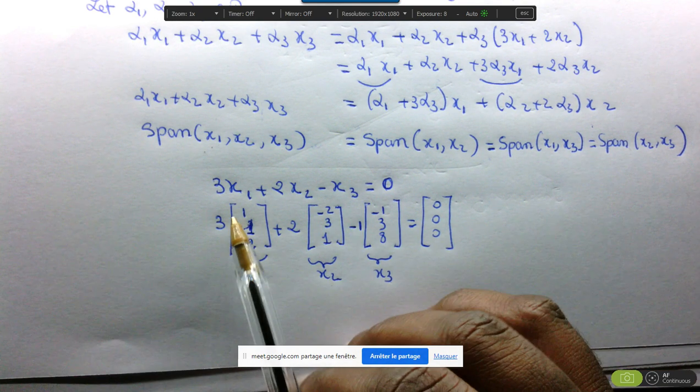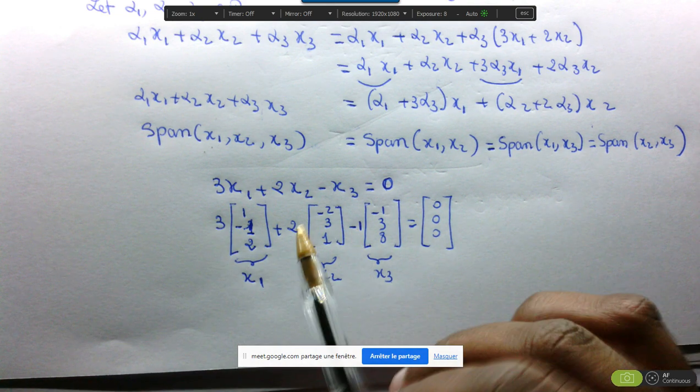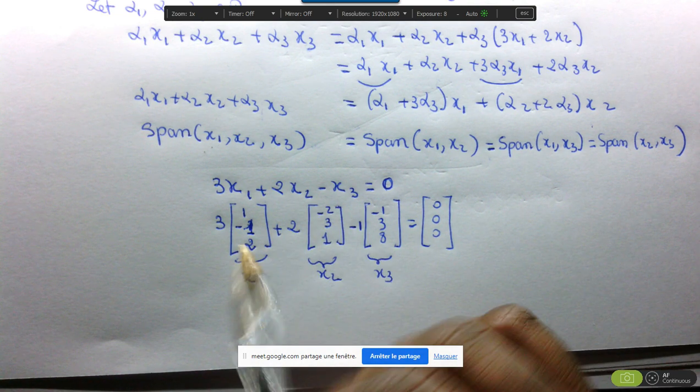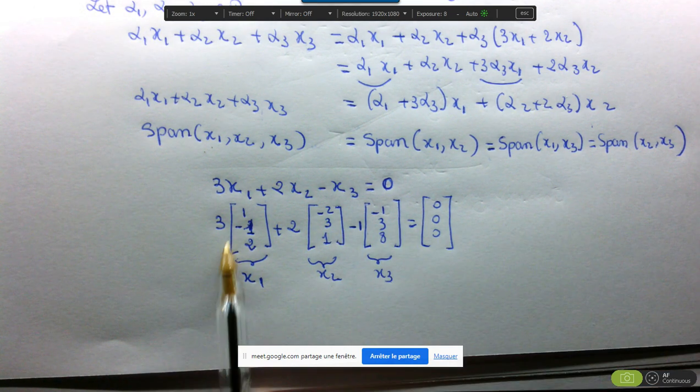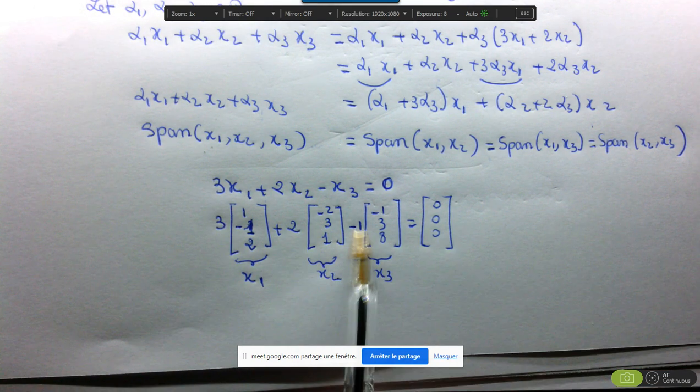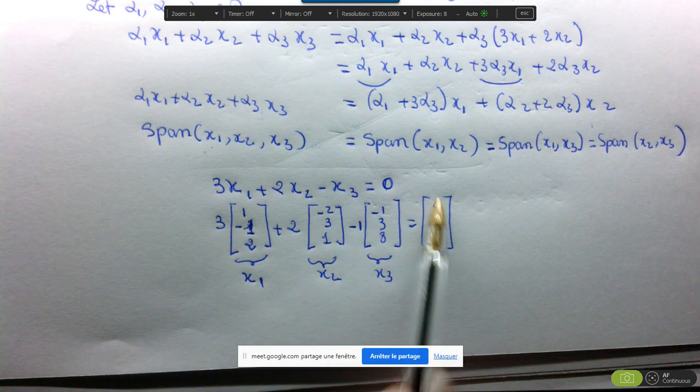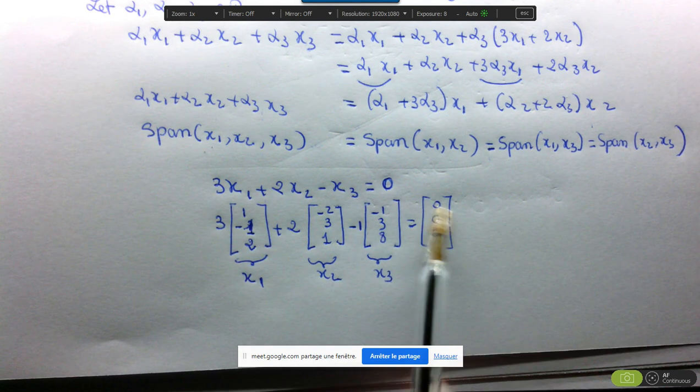Some of them can be zero, probably one of them, or a couple of them, but not all of them have to be zero. So the coefficients are non-zero, and the linear combination is equal to the 0 vector.